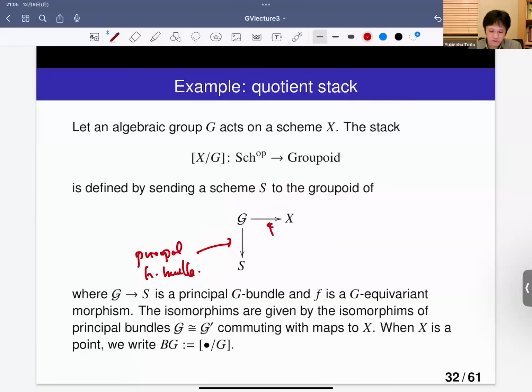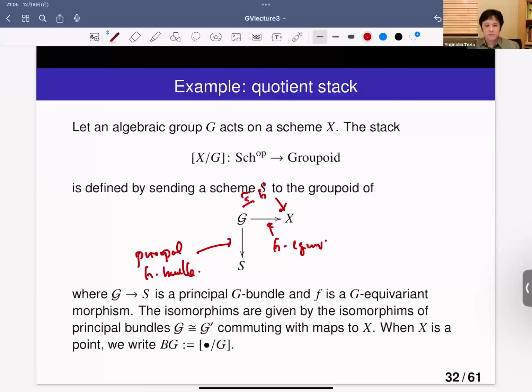This means that we have some G action here whose quotient is S, and this map from P to X is G-equivariant. This is the object of the groupoid over S. There is also the notion of isomorphisms. These are given by isomorphisms of principal G-bundles which commute with maps to X. That is, we have this isomorphism compatible with the maps to X.